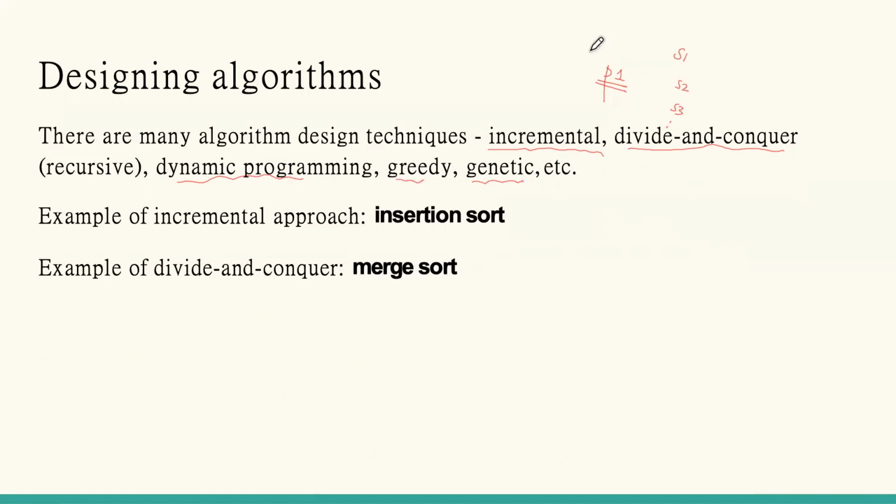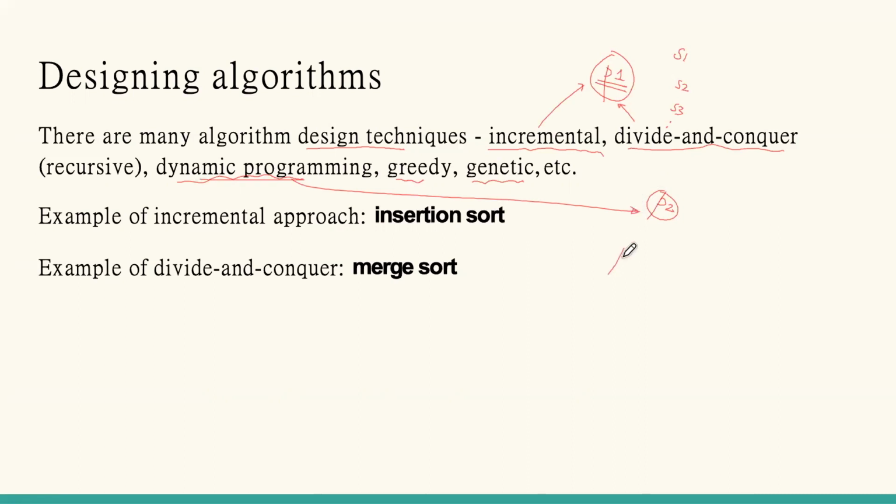Some problems are an ideal fit for some design techniques. For example, problem P1 may be an ideal fit for the incremental technique. The same problem P1 may be solved equally well by divide and conquer, right? But there may be another problem P2 that may be solved best by dynamic programming, right?